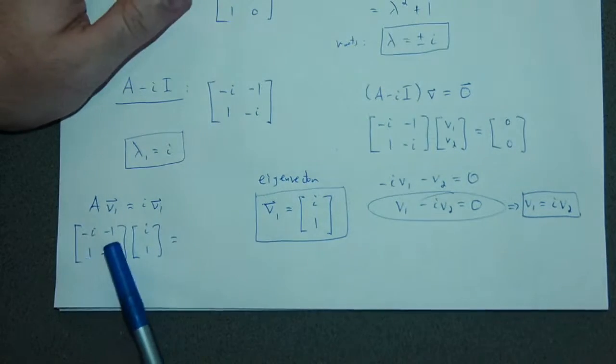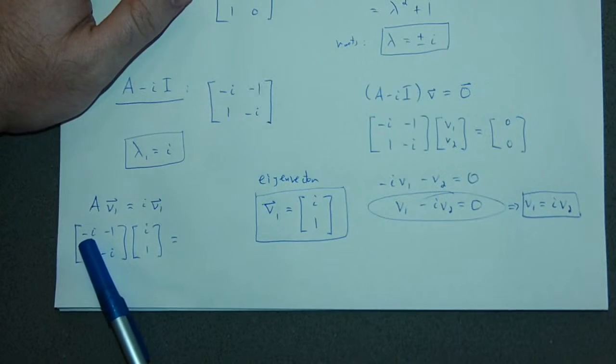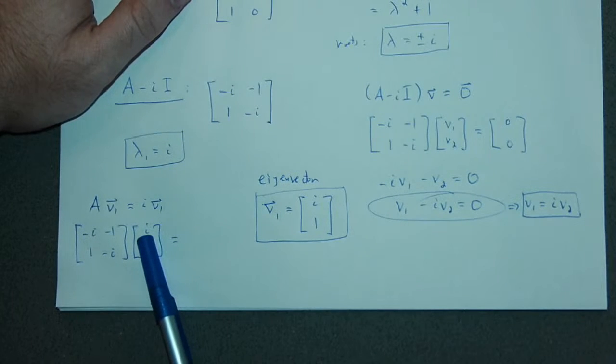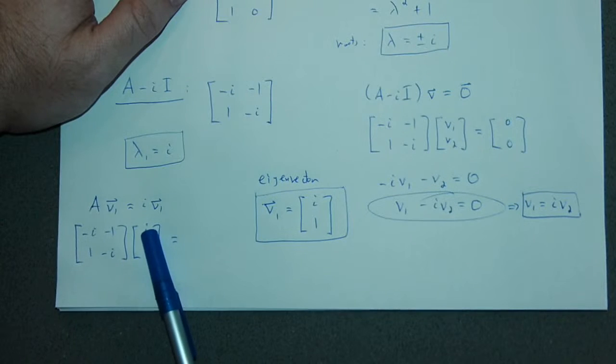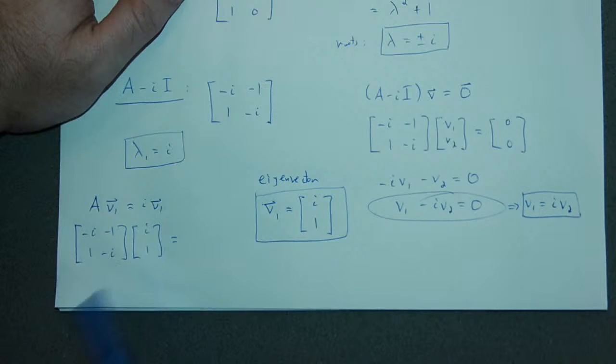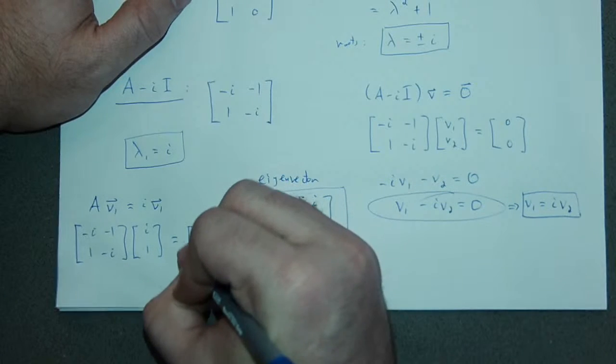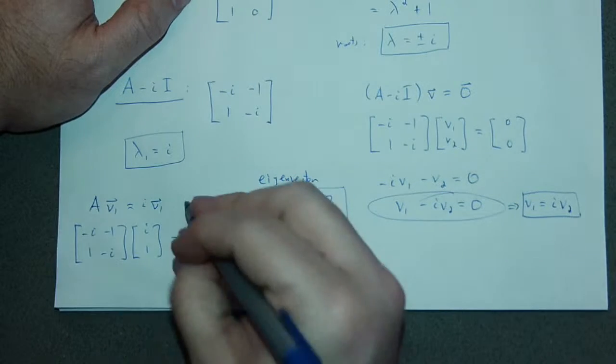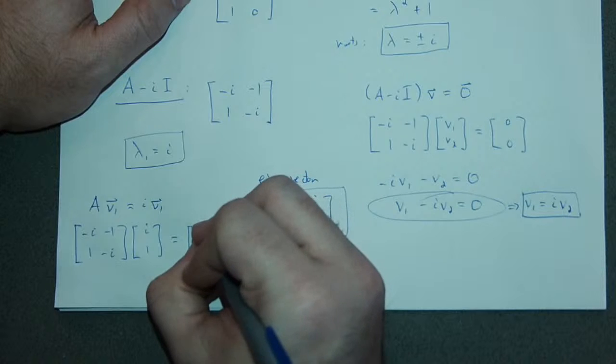So if I multiply this out, I get minus 1 times 1, and 0 times i plus minus 1 times 1. The first entry: minus i times i is minus i squared, which is minus minus 1, so that's 1, plus minus 1 times 1. So that's 1 plus minus 1. So what would I get there? I would get 0.